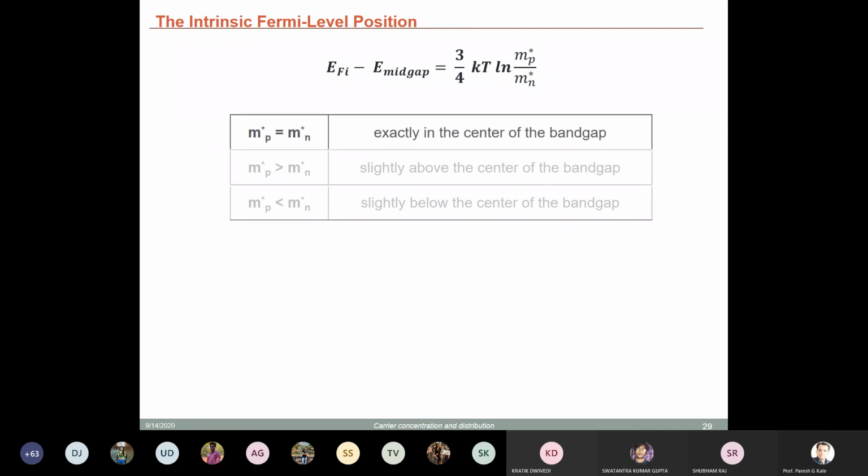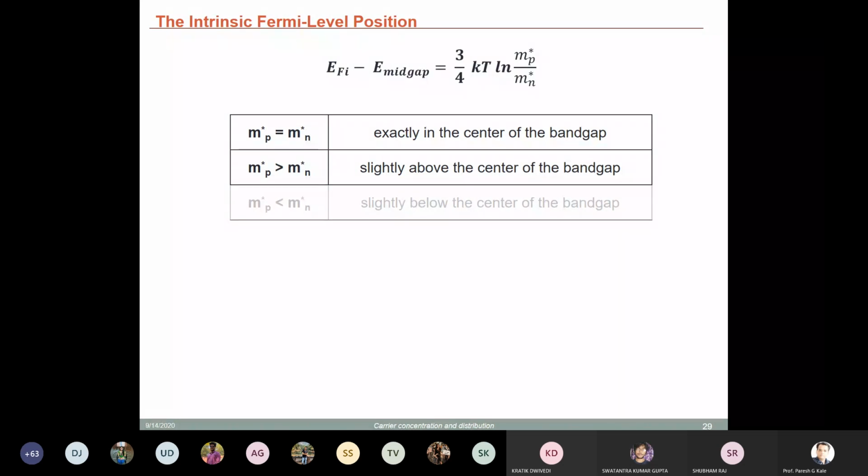However, this was our assumption, that these two masses are equal, but obviously these are actually different, depending upon the temperature. So if Mp is greater than Mn, then EFI minus E mid gap is what we want, which will be controlled, or manipulated, by the second term over here.